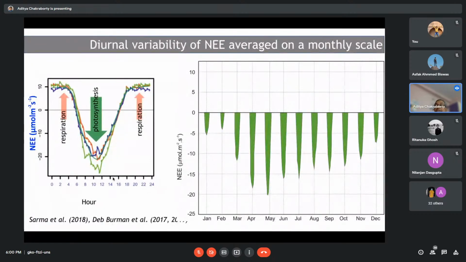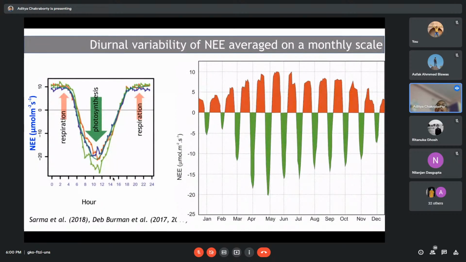If we combine these things, we get the total NEE, that is net ecosystem exchange, which is shown by this right panel diagram. Green means photosynthesis, that is carbon dioxide being absorbed, and red means respiration, carbon dioxide being released. If we integrate this green area, it will give you the total amount of carbon absorbed.